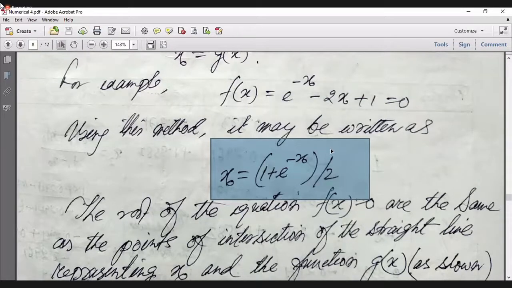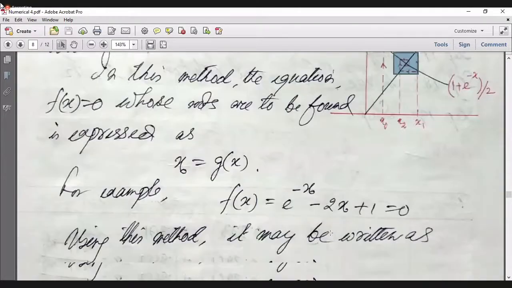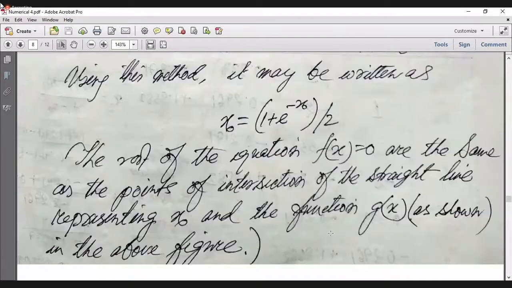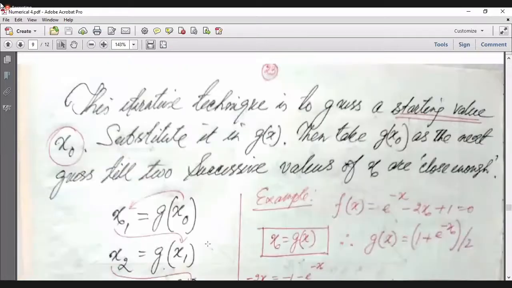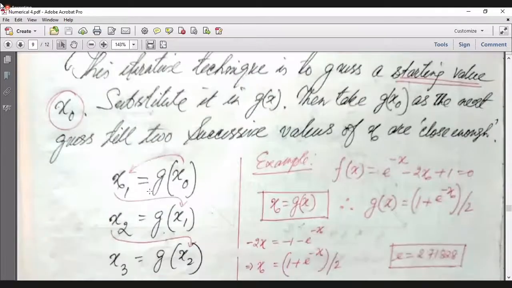Now, as we know, the root of the equation f of x is at this intersection, and we are going to find it. How to proceed? Very simple. Here also we need one starting point, which is this x naught.